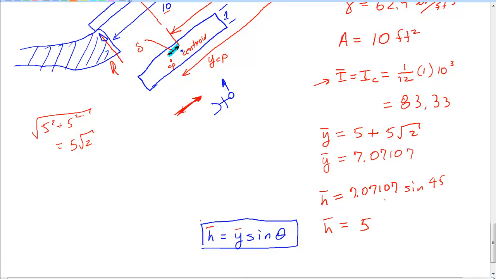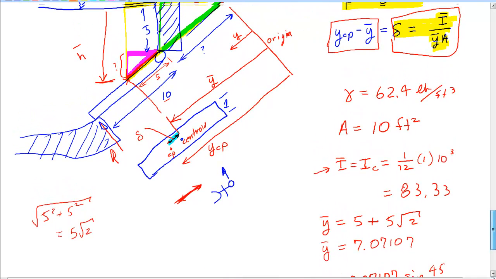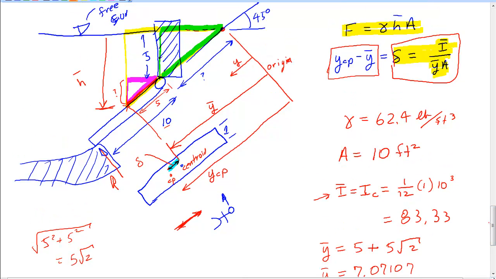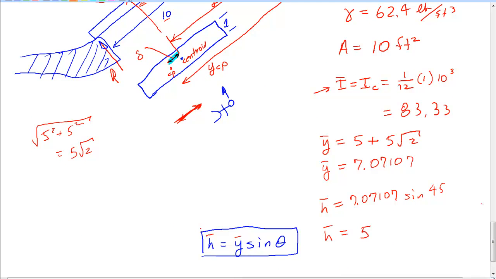Oh, did that wrong. No, that's okay. I've got an error there. And the error there was I did not add those up. Meaning that this value is actually that.